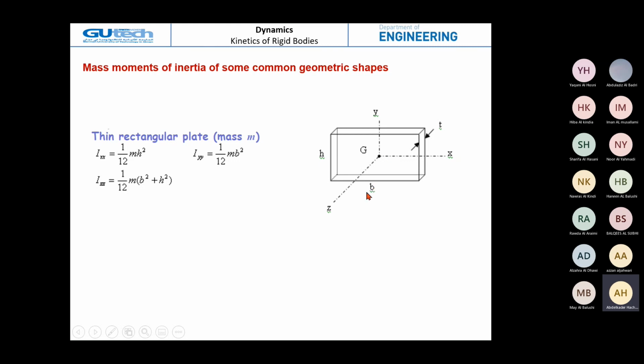In our case, it's not H, it's B. And instead of B, we have A. In this case we get the following relation: 1 divided by 12, the mass multiplied by A squared plus B squared.